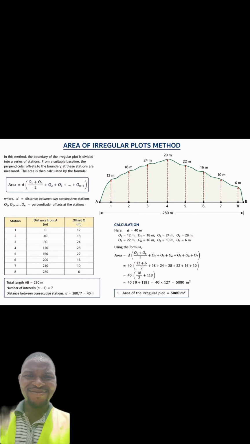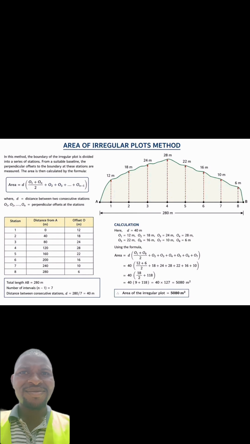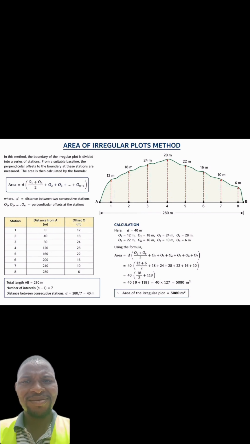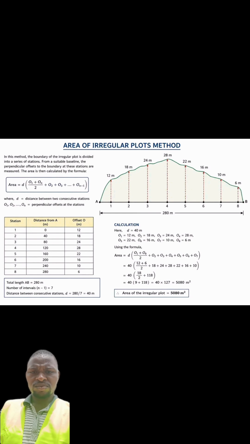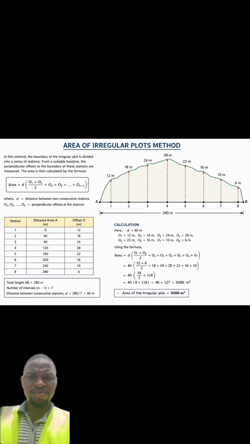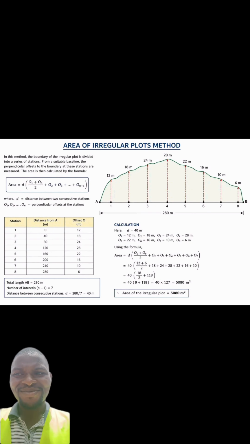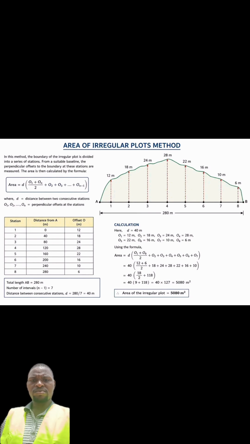So the distance goes from 0 to 40, then 40 to 80, so D is 40. Why? Because we keep adding 40: 40, 80, 120, 160, 200, 240, and 280.